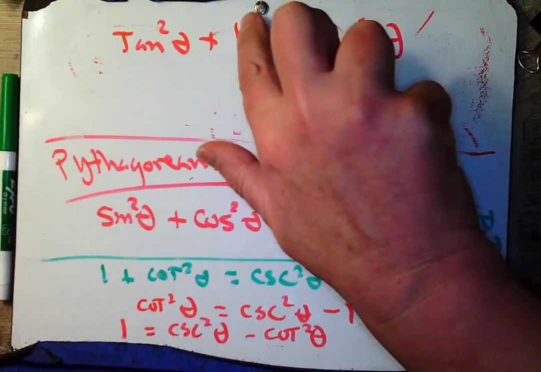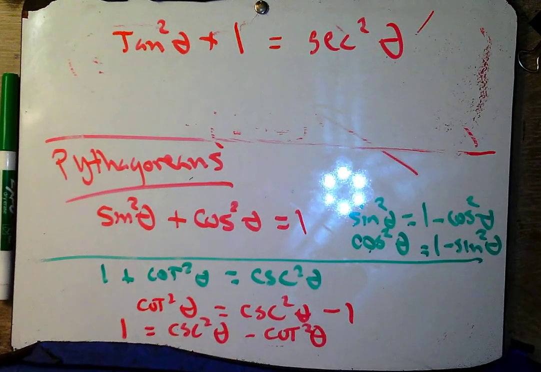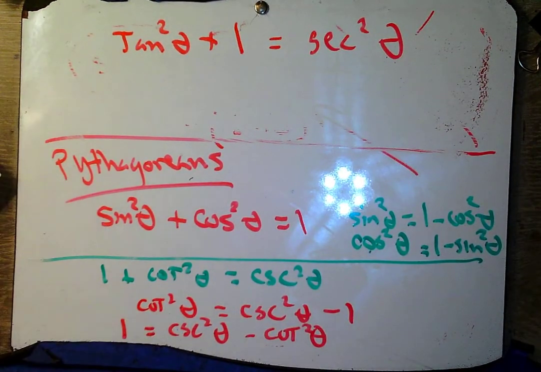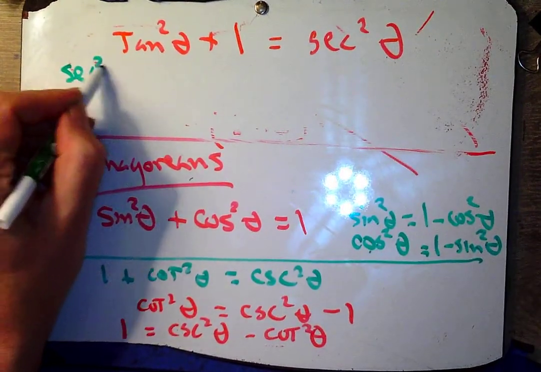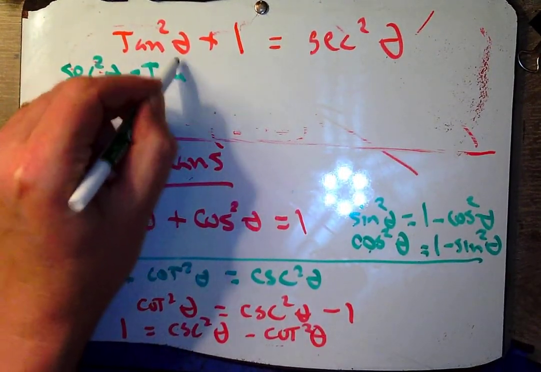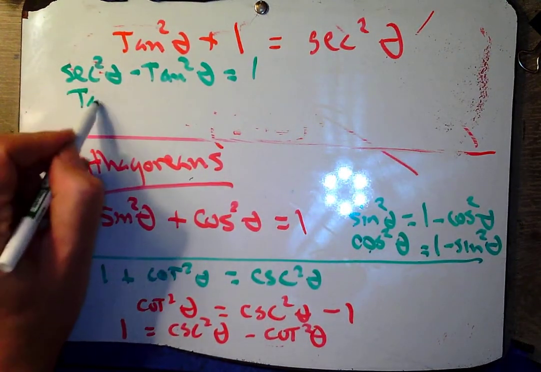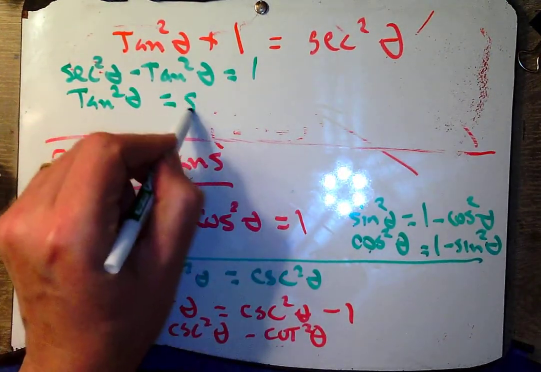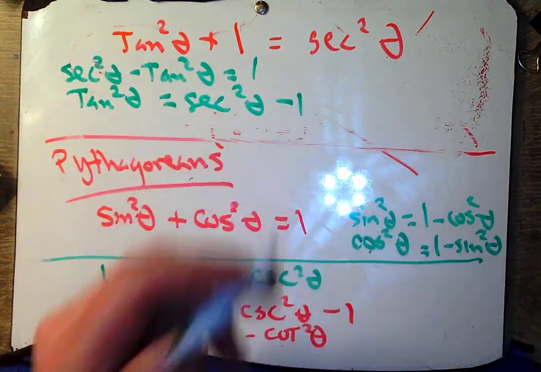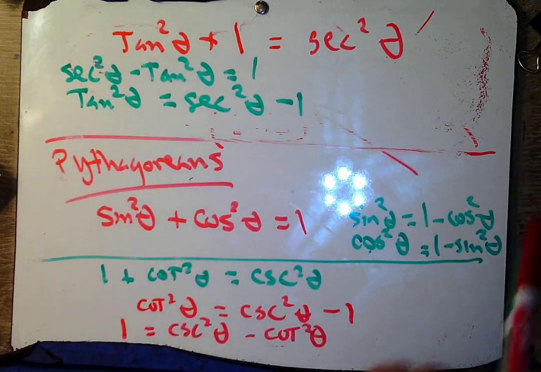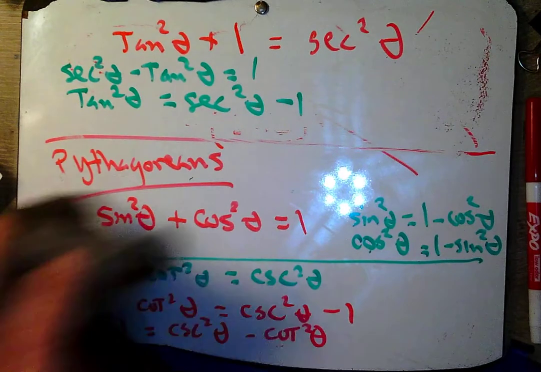And again, not only do I need to know that, but I need to know the rewritten versions of it as well. I need to know that secant squared minus tangent squared equals 1, and I need to know that tangent squared equals secant squared minus 1. So please make sure you're comfortable with your identities.